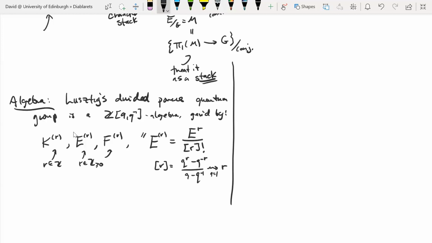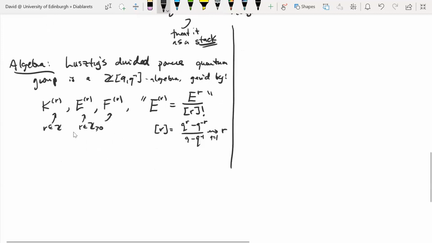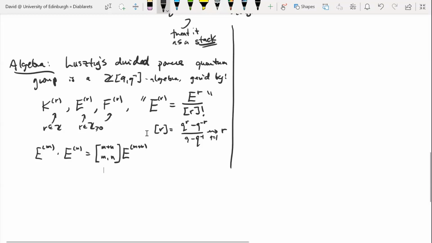So when I put parentheses around a power, it means I'm just going to renormalize it by this thing. And that leads us, for instance, to the following relations. So e to the m times e to the n equals e to the m plus n, but now we need to sort out these denominators, and we get a nice expression. We get a choose function: m plus n choose m.